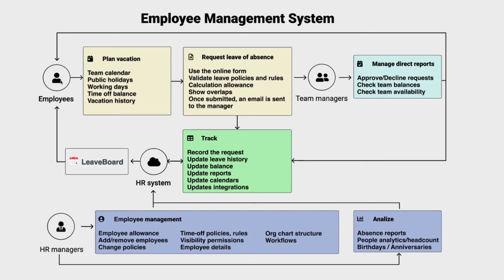So employees through the employee portal can plan their vacations, see the public holidays, working days, balance, and leave history. They can submit a time off request using the online form, which is automated, which calculates the allowance and validates a lot of rules and policies, and submits the email to the manager.